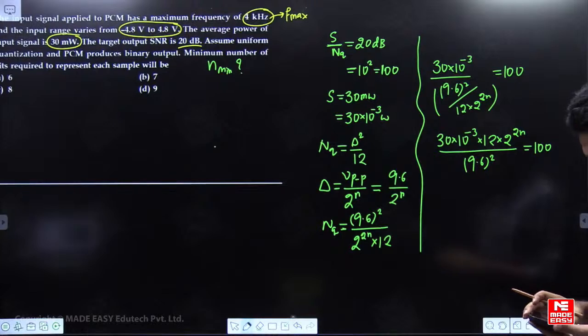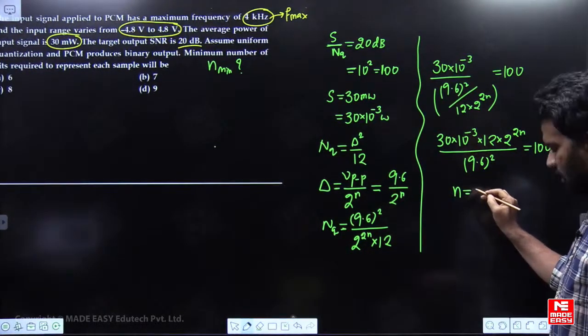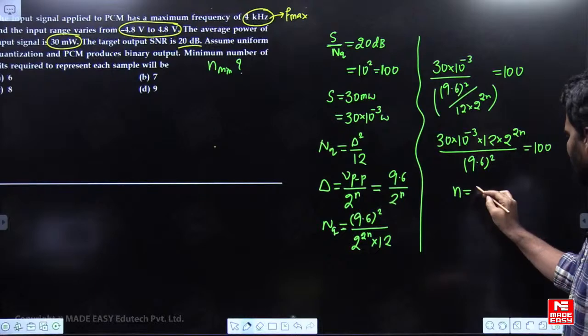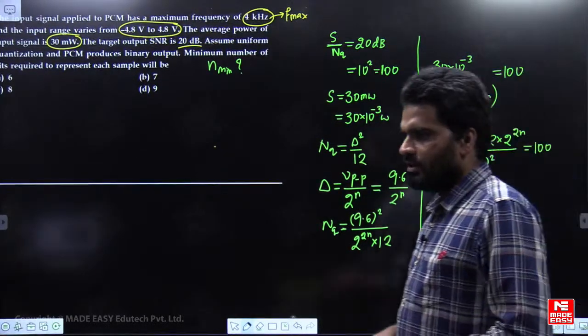If you try to solve for the n value, try with the calculator. The n value you will get is 7.32. Is this what you are getting, the n value?